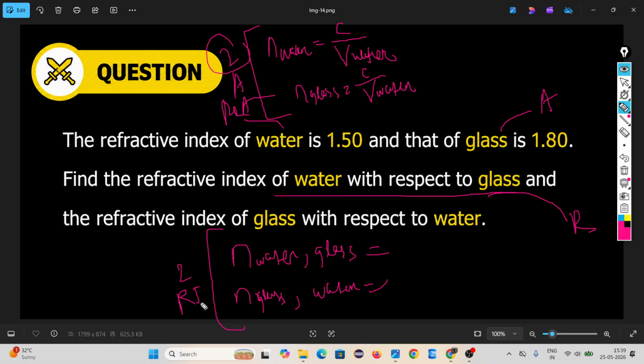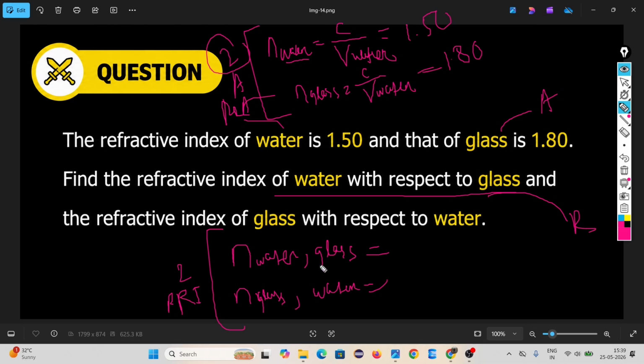Look, n of water is given. n of water equals c upon v of water, equal to 1.50. It is given, right? Yes, sir. Then n of glass equals c upon v of glass is given. These two things are given.